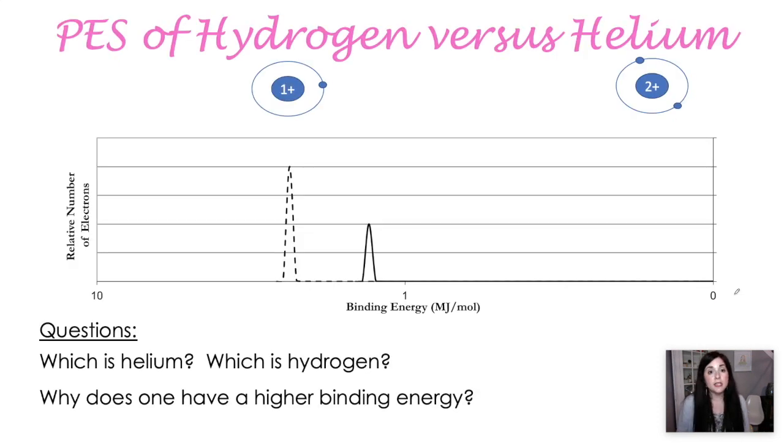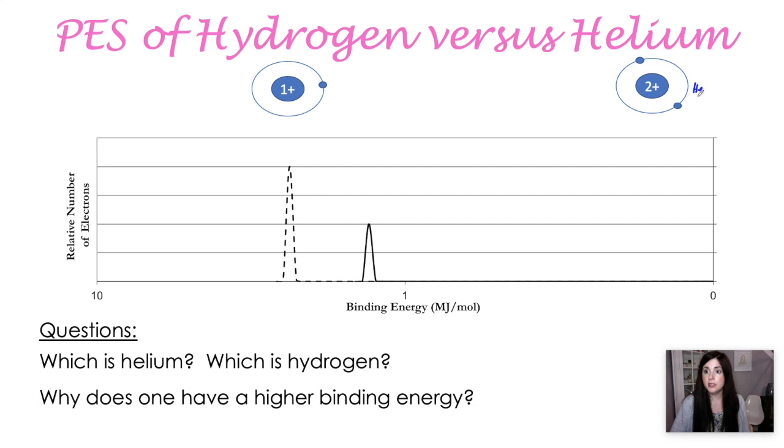So here is a comparison of hydrogen versus helium. Two photoelectron spectrums just put on top of each other. And you'll see here, one is a dotted line and the other one is a solid line. So question, which one is helium and which one is hydrogen? Well, you can tell very easily just by looking at the height of each of these peaks. So helium would be this one right here.